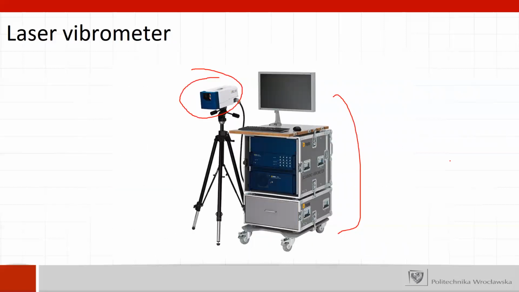These vibrometers enable us to measure, for example, vibration of various objects, like cars, for example, during the manufacturing of components of the car, like engines, but also musical instruments, for example, and so on. Maybe there will be opportunity to say a bit more about applications later during the semester.